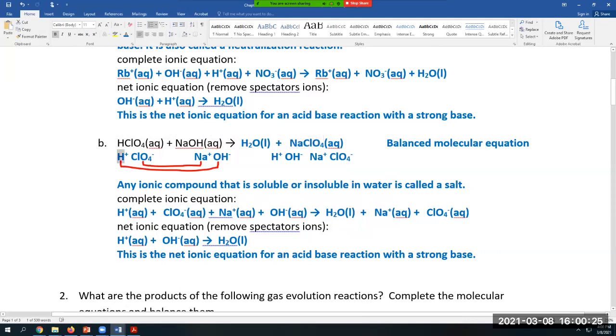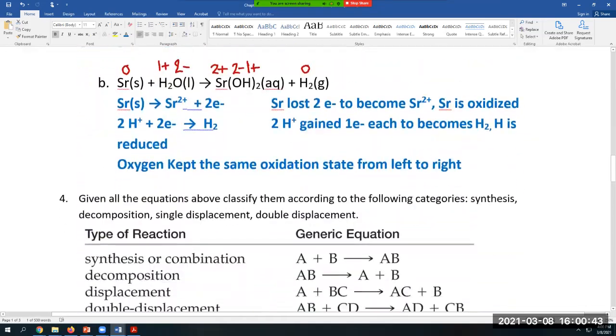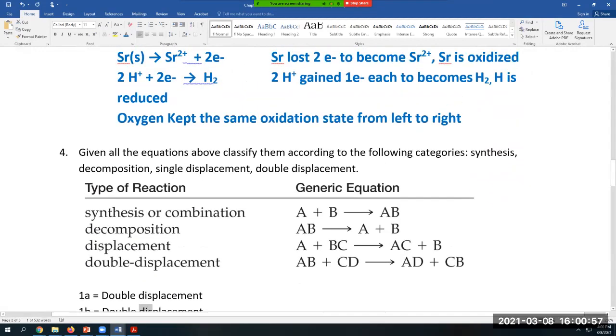The positive ion from the first compound went with the negative ion of the second compound, and the positive ion from the second compound went with the negative ion of the first compound. So there is an exchange of ions, exchange of partners, and again, that's typical of double displacement reactions. So we can write double displacement again. Sometimes it's also called double replacement instead of displacement, which is the same.